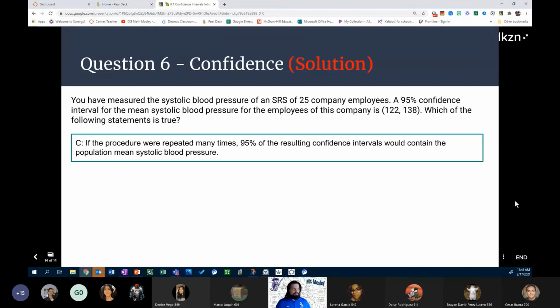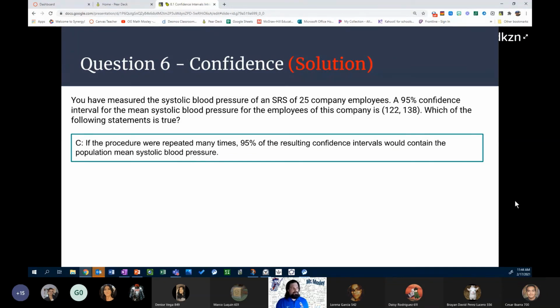The correct solution, the true statement, was statement C. If the procedure were repeated many times, 95% of the resulting confidence intervals would contain the population mean systolic blood pressure. The other ones, we're talking about probabilities, or it was talking about the sample or the actual population, and things were in the wrong order, right?